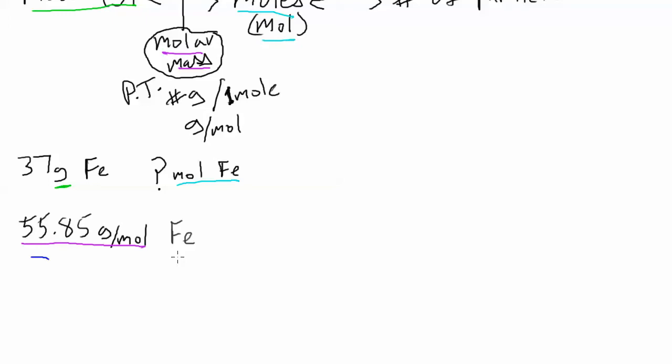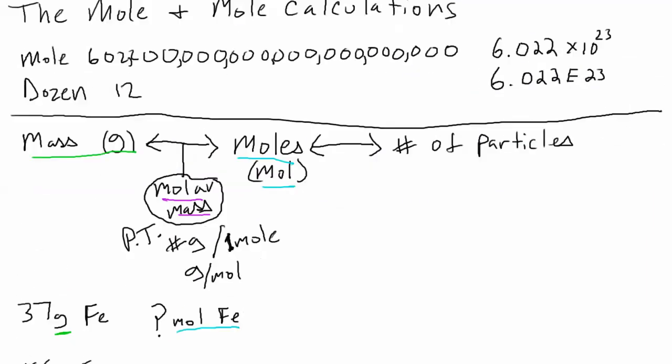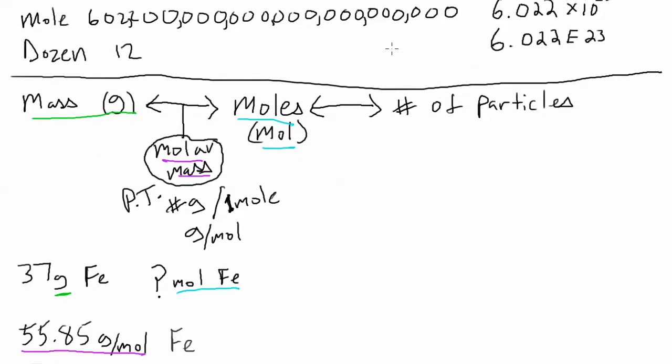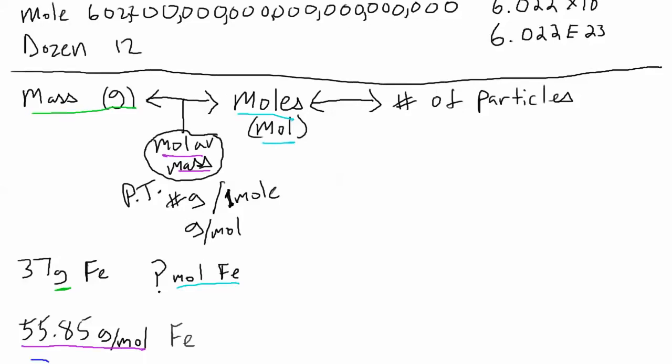And what this is saying is that if you have 55.85 grams of iron, then you have 1 mole of iron. Which means that if you have 55.85 grams of iron, you have this many atoms of iron. That's basically what the molar mass is telling you.